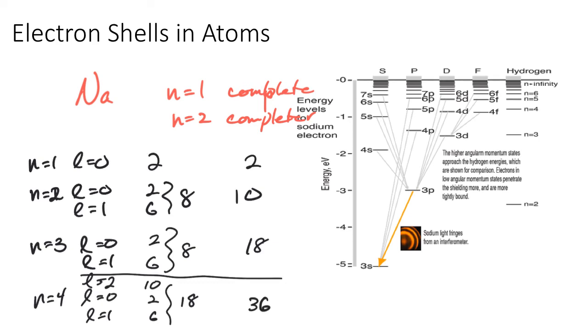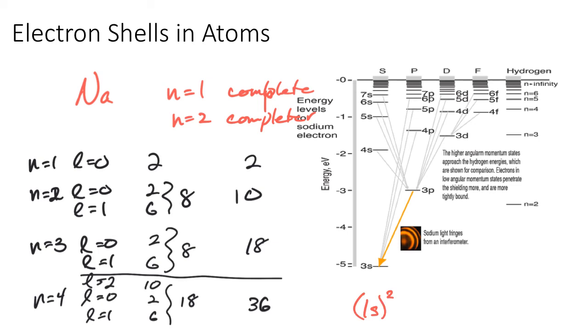Likewise, we sometimes talk about the state of the electron. For instance, for sodium, we talk about its electrons, and we say that it has a 1s state.